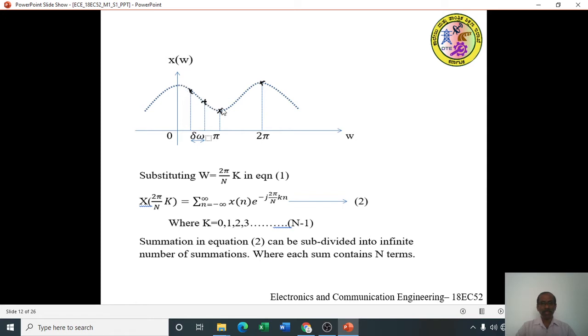Within this one cycle, I'll collect N number of samples, each sample separated by a distance of delta omega defined by 2 pi by N. To fetch each sample, I'll multiply by an integer k. Wherever omega is there, if we replace it by 2 pi by N into k, such a process is called sampling in frequency domain.